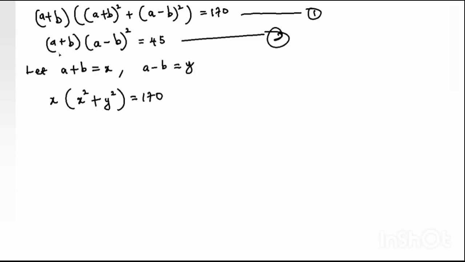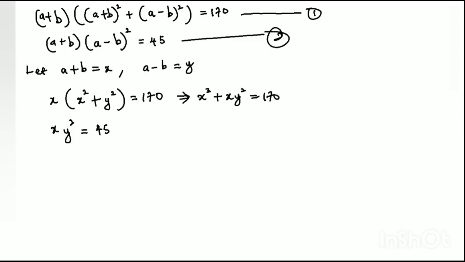So in equation 2, a plus b is still x, and a minus b is y, which is squared, and then equal to 45. So I think we can expand here. This implies that x times x squared is x cubed, plus x times y squared, that is xy squared, equal to 170.